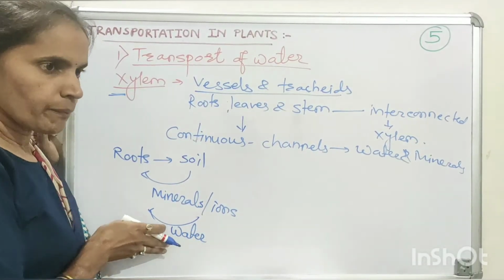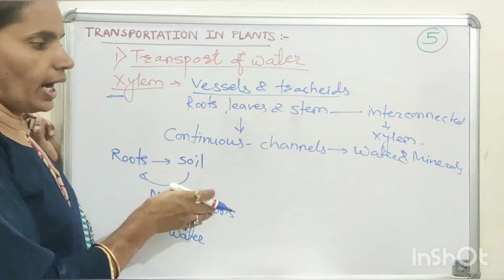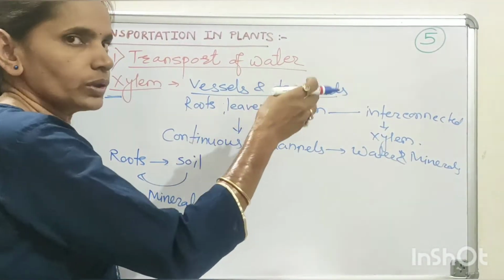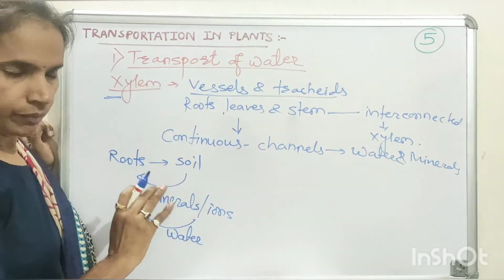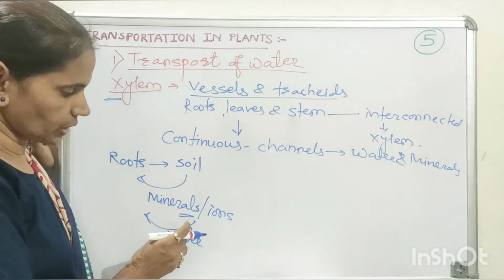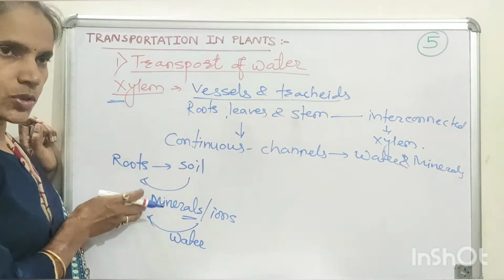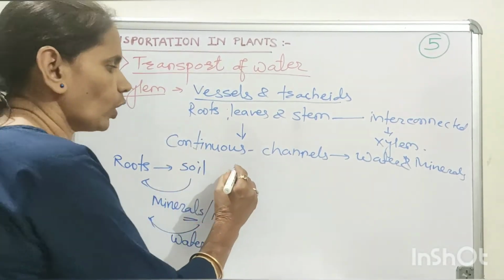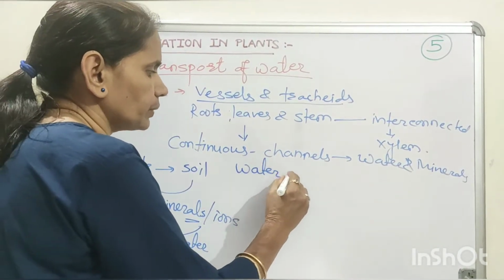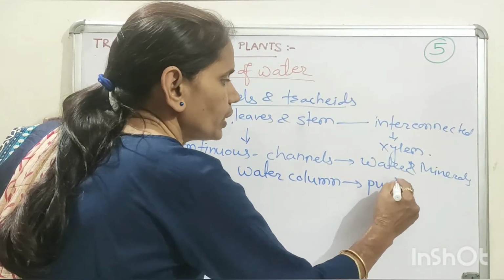So in this way, the water column is pushed up from the roots and it is continuous to the other parts of the plant. So in the initial stage, because of this ionic concentration, by the simple diffusion process, water molecules are absorbed and the water column is pushed upwards.